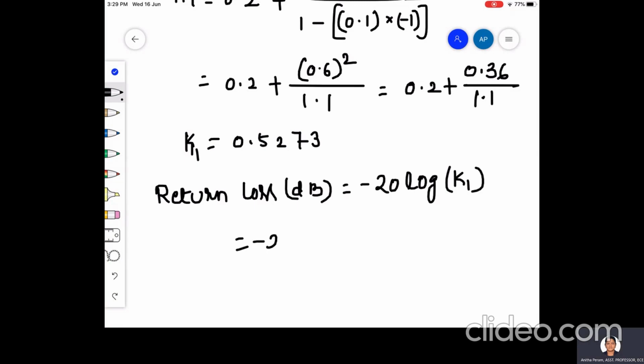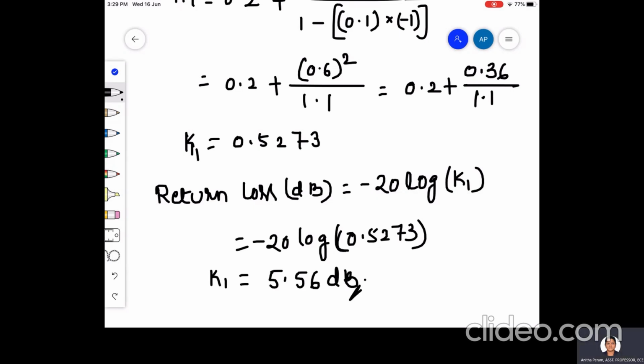So you can substitute and evaluate: minus 20 log of 0.5273 gives you 5.56 dB.